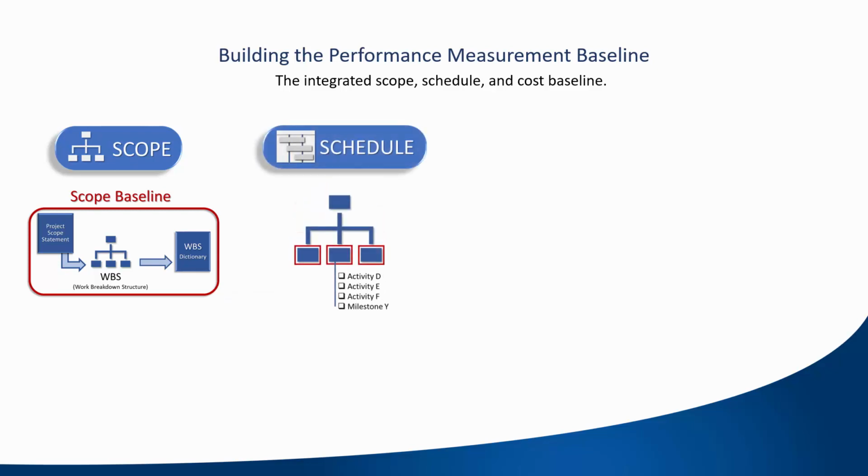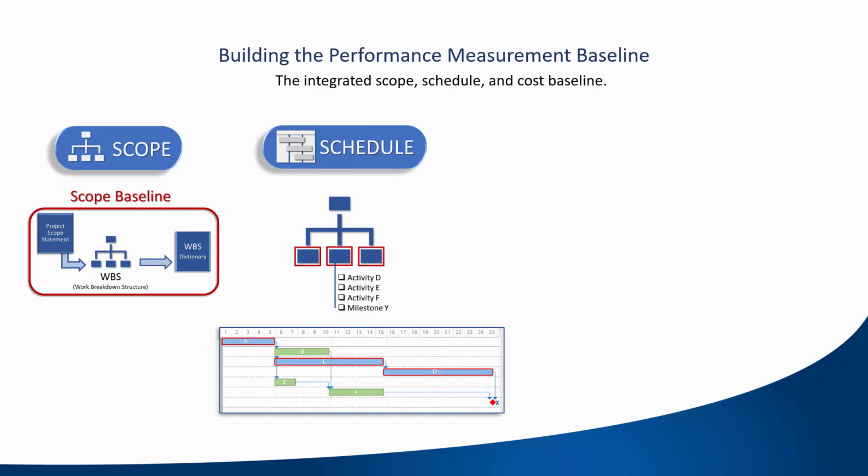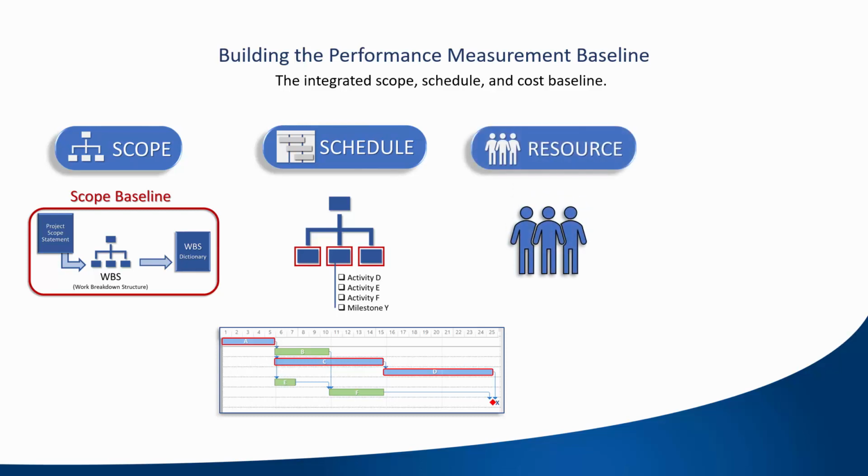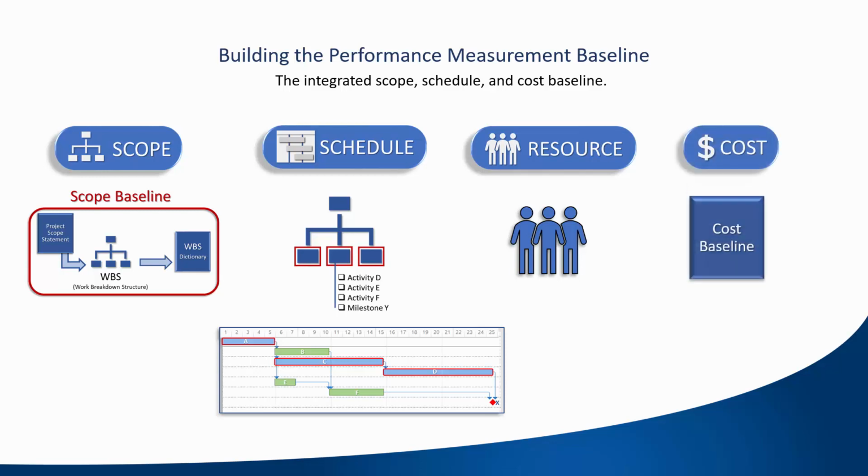The work packages were further refined into activities, and the schedule was created based upon those activities. We estimated resources that were necessary to accomplish the activities by the proposed schedule. Cost estimates reflect the activities and work packages and the resources required.